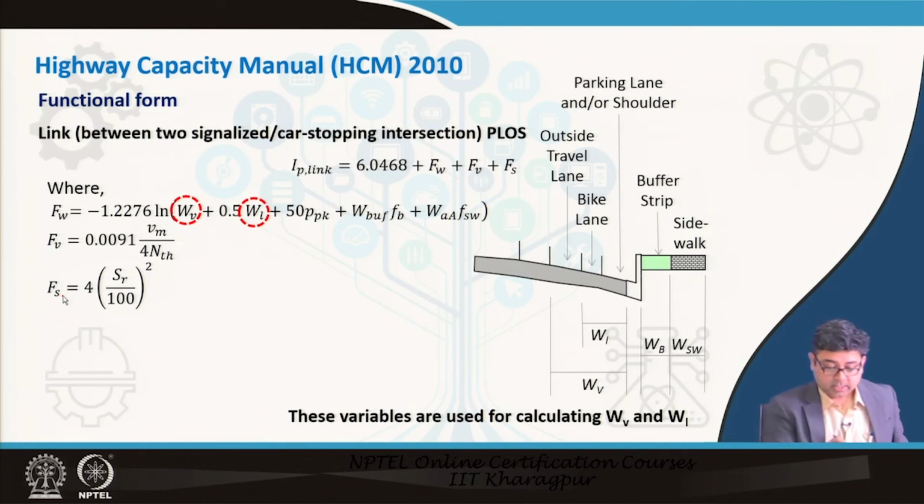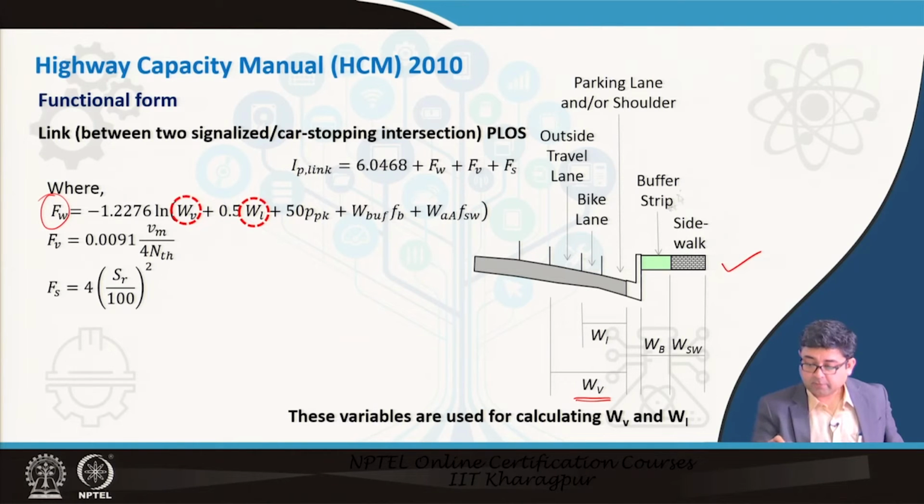So, while calculating Fw, when we say Wv or the outside lane, this is what we mean. If the sidewalk is here and then you have a buffer, some kind of plantation, and then you have your curb and gutter here. Then the first one may be just a shoulder or the parking lane, then you may have a bicycle lane, and then maybe your outside travel lane is starting.